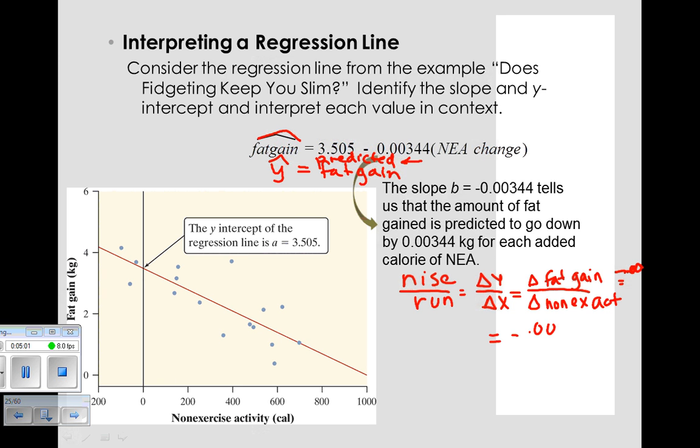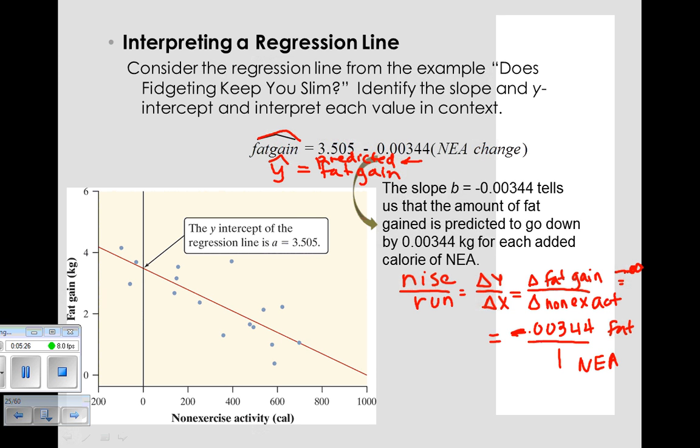Negative 0.00344, I can put it over 1. Okay? So it tells us that for each one additional NEA, our body fat goes down, because it's negative 0.00344.